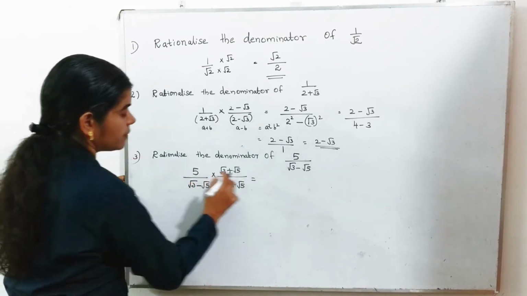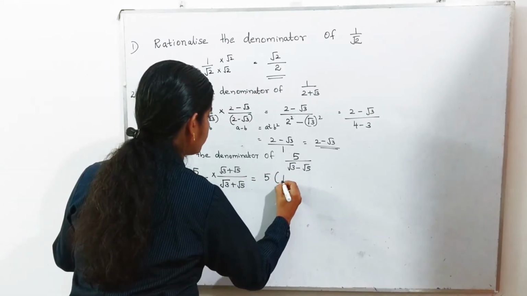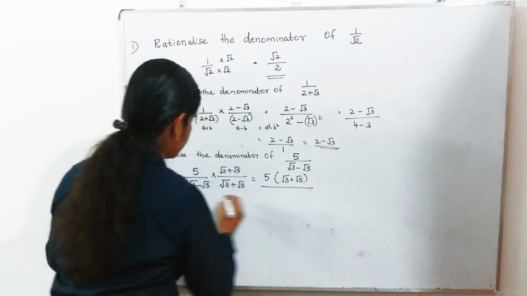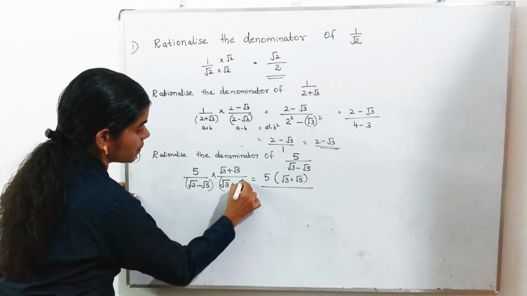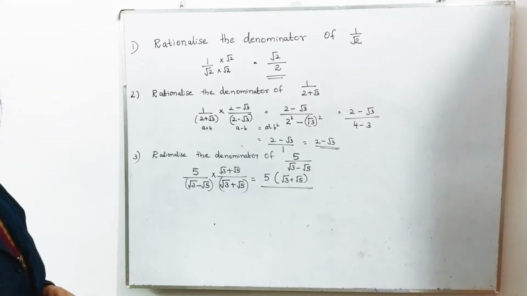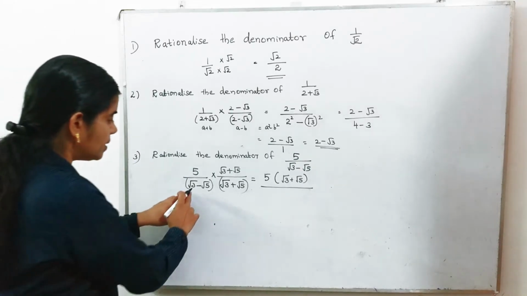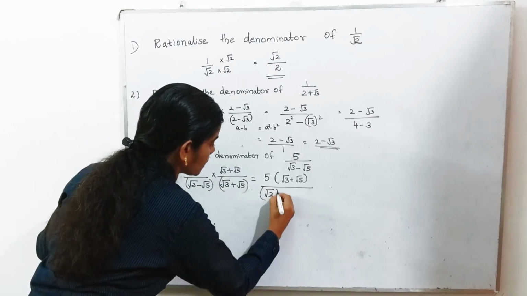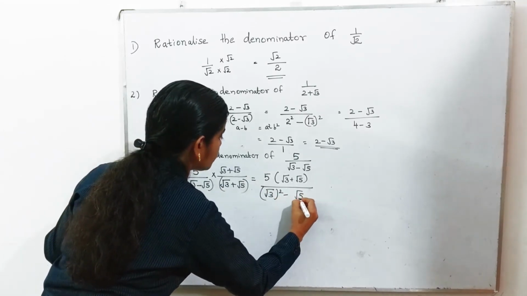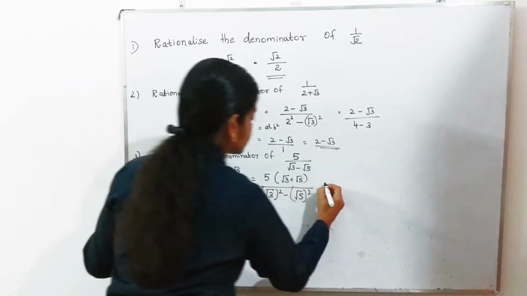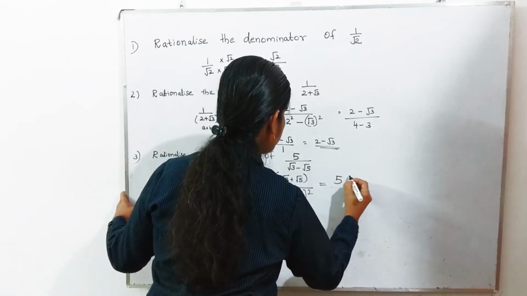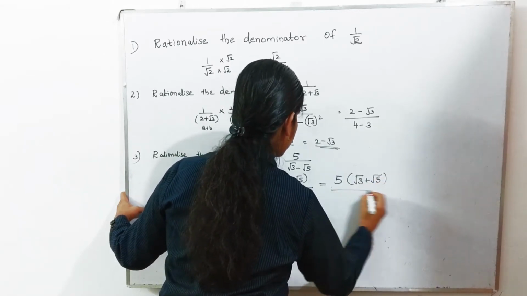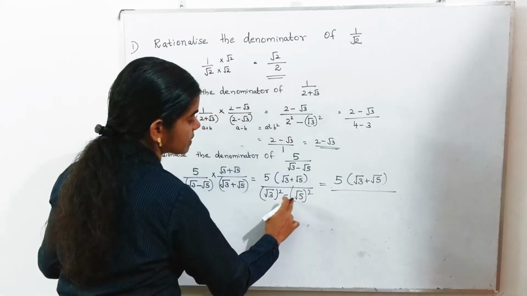Then first, in the numerator we are multiplying 5 into root 3 plus root 5. By the second, a minus b into a plus b form, that is equal to a square minus b square. Here a square means root 3 whole square minus root 5 whole square, that is equal to 5 into root 3 plus root 5 divided by this 3 minus 5.